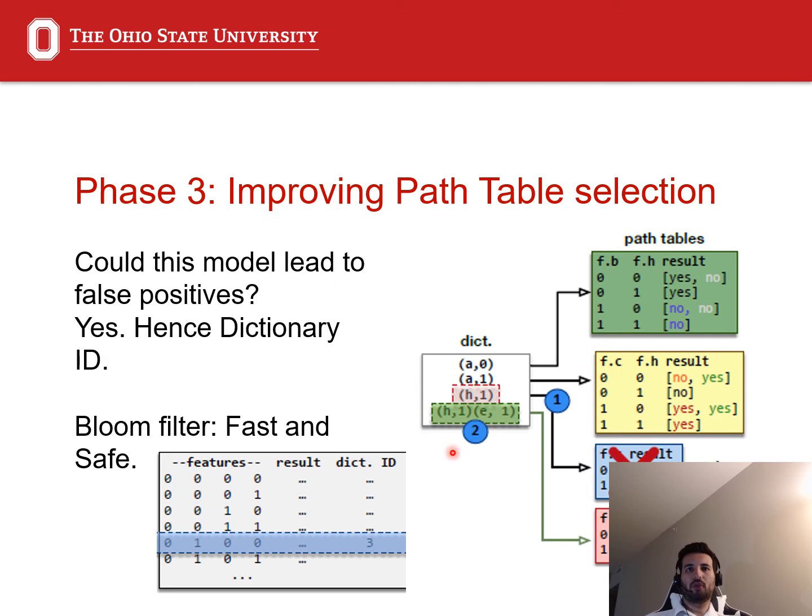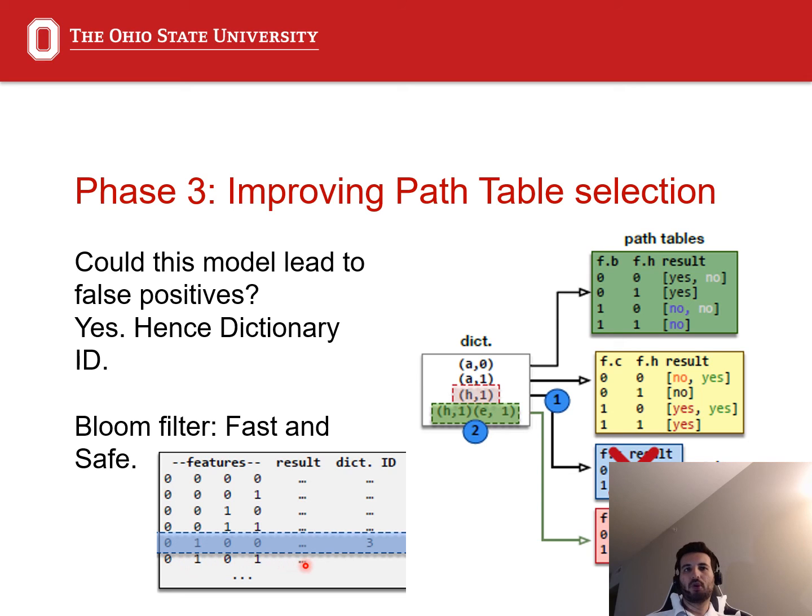Phase 3 of the algorithm deals with the possibility that multiple dictionary entries lead to a lookup as described in the previous slide, while only one of them is correct. This can happen when one of a set of features that are common in every path is a subset of another. In that case, it is necessary to also have the dictionary ID in the final lookup table.